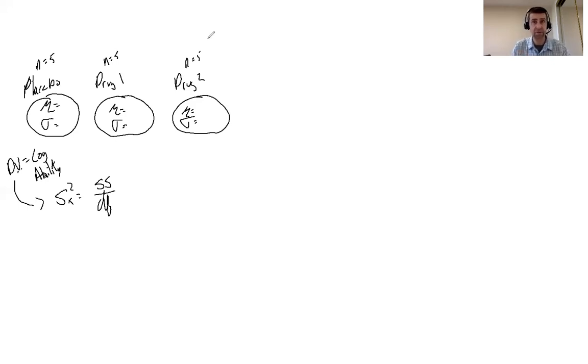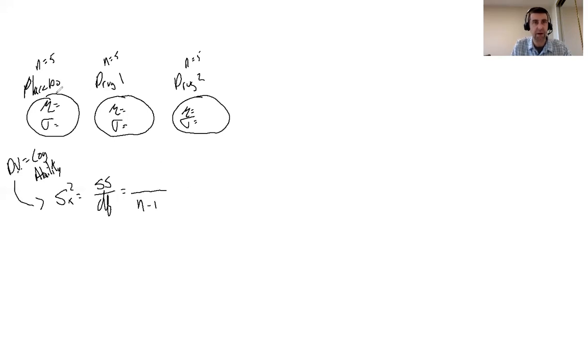So if we took all 15 scores and subtracted each score from the mean of all 15 scores, something we'll later call the grand mean, got the deviation scores, squared them, added them up, and divided by the degrees of freedom, we would get the variance within the entire study, right? That degrees of freedom is considered n minus 1.